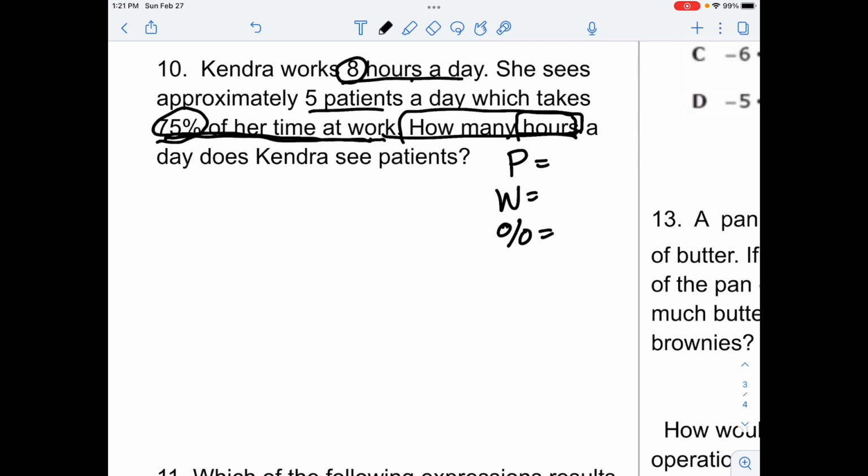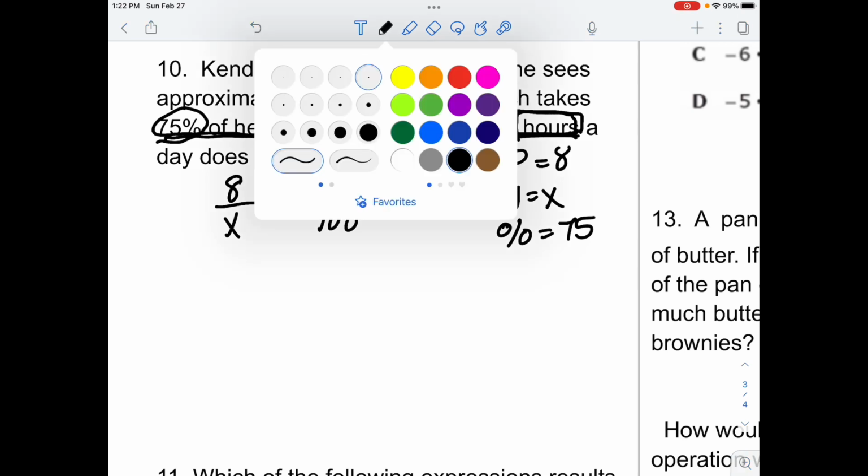So your part will be 8. We're looking for the whole because we're trying to find hours. And then our percent is 75%. So we have 8 over x equals 75 over 100. Good job. Now 8 doesn't go into 75, so scale factor is not there, so we can cross multiply and divide.